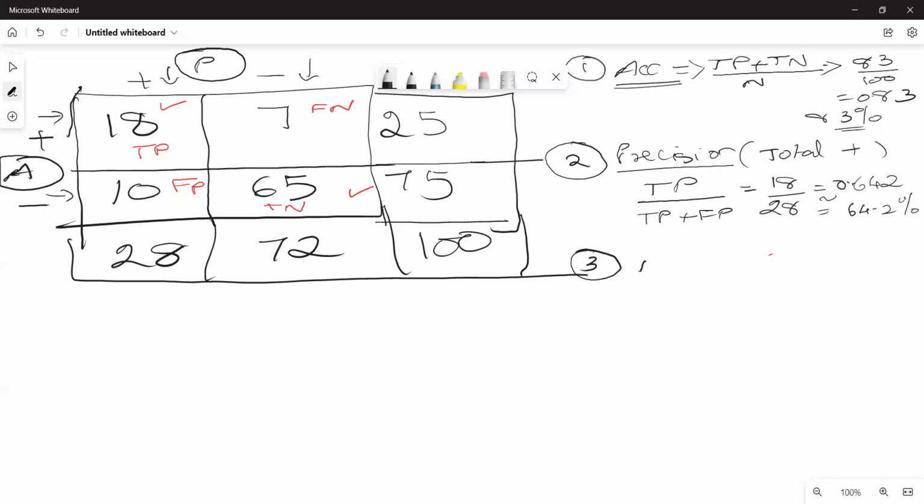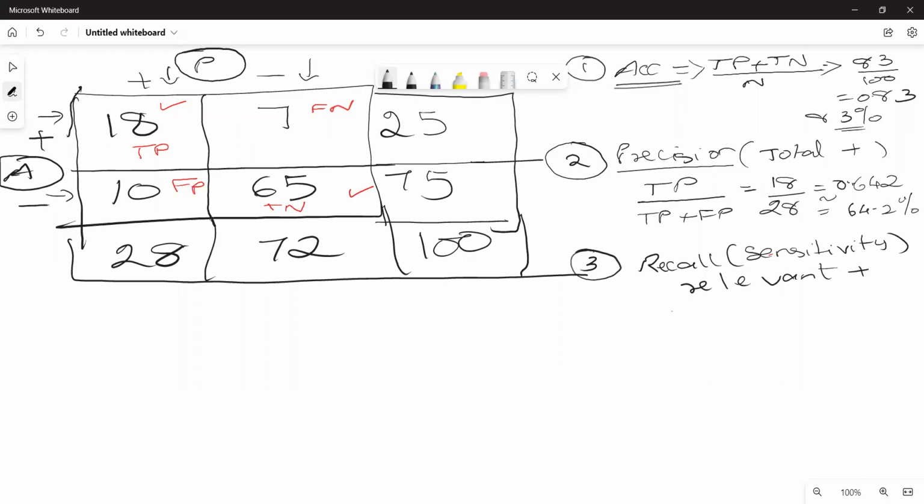Then I have the next measure, which is called recall, also known as sensitivity. This measure is going to find out what are the relevant positives. Okay, so one is all the positives, one is the relevant positives. So relevant positive means out of the positives, how many are actually positives?